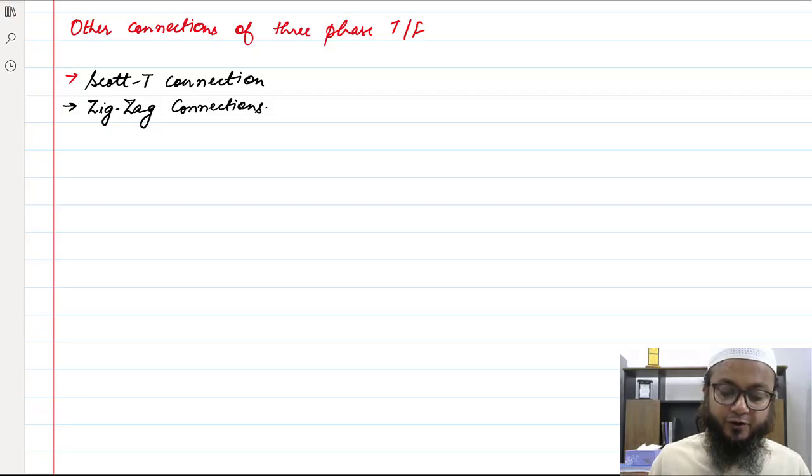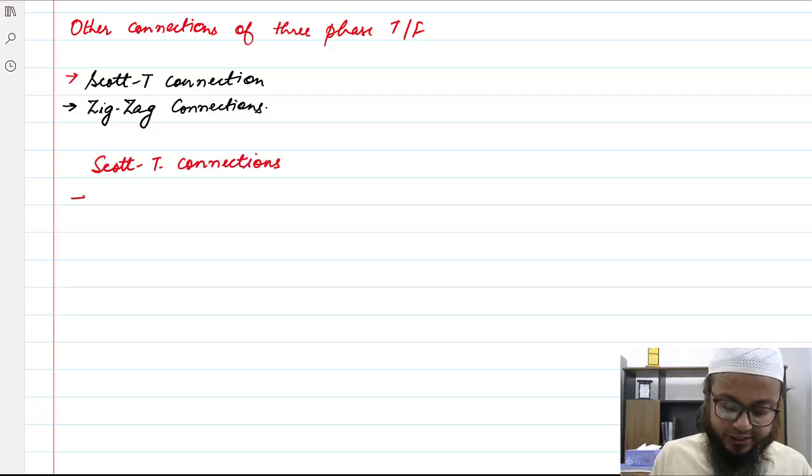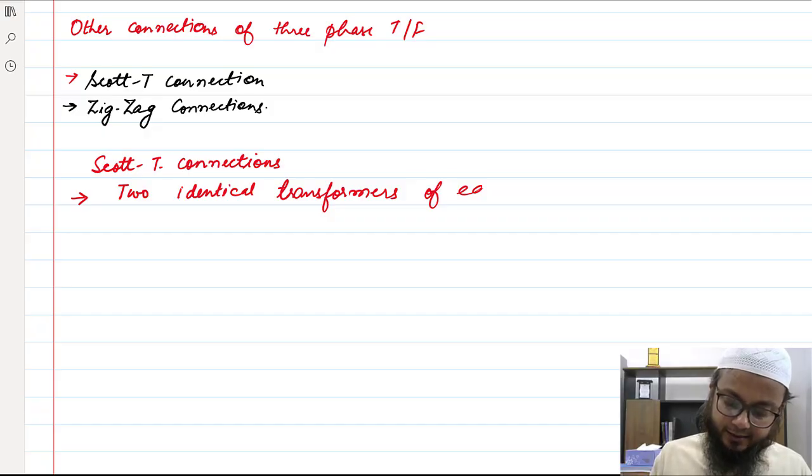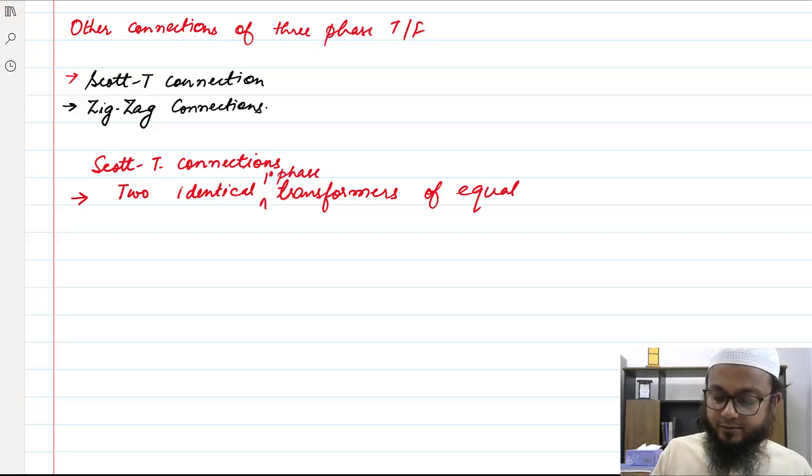For Scott T connections, we need two identical single-phase transformers of equal turn ratio.